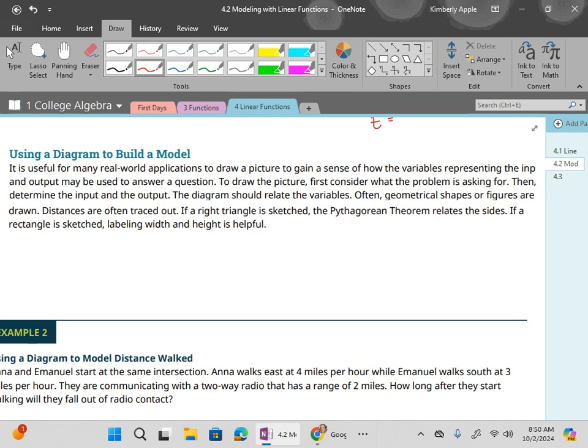Sometimes in a scenario, you're going to have to draw a diagram to get a better idea of what's going on. In the previous questions, there wasn't really a diagram to draw. But sometimes we have to draw some sort of geometric shape just to get a handle on how the quantities are changing. And that's what we're going to do with this one.